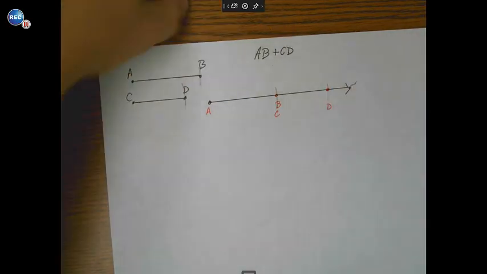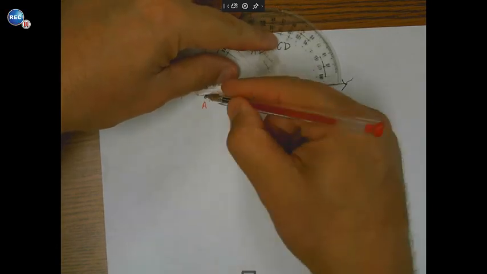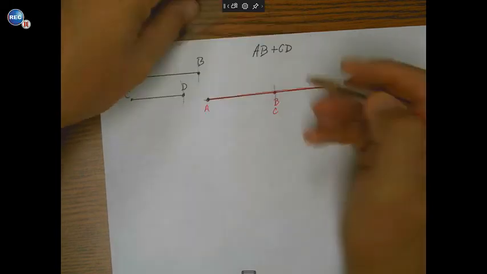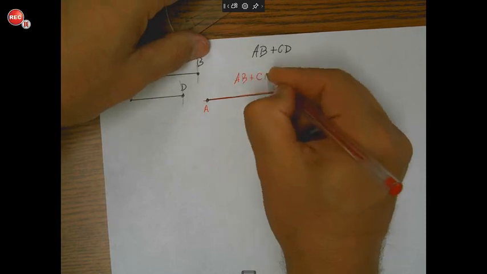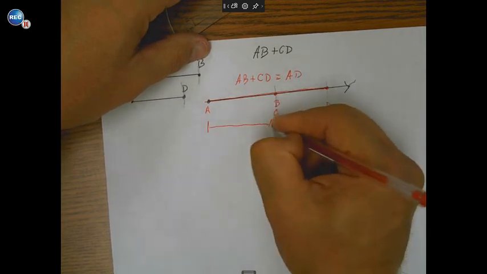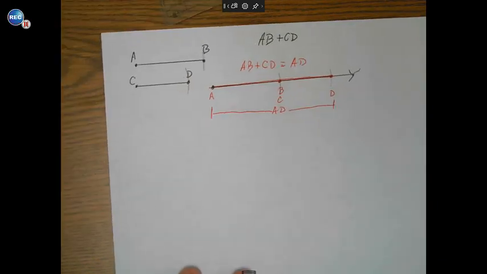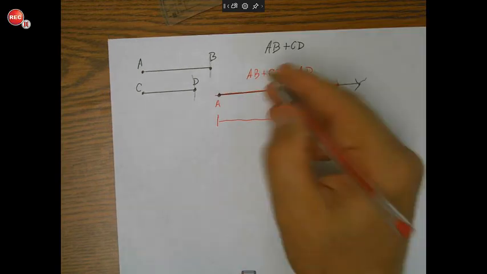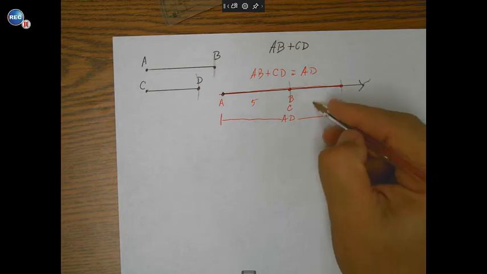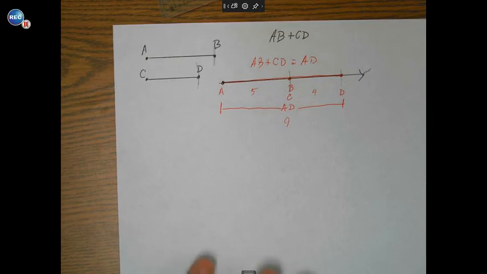And so from A to D, AB plus CD is equal to AD. Does that make sense? If I were to put numbers to it, let's say AB is a length of 5 and CD is a length of 4, that means AD is a length of 9. Everyone okay with that? Pretty simple, right?